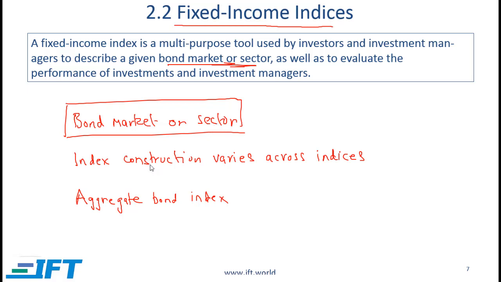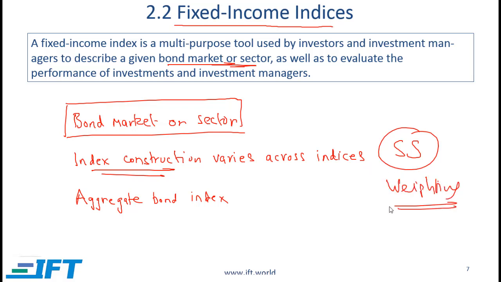There are many different indices, and the index construction varies across indices. By index construction, we mean the security selection. So what are the securities which will be part of the index, and then the weighting scheme. Again, discussion on the weighting scheme can be found in the reading on security market indices.